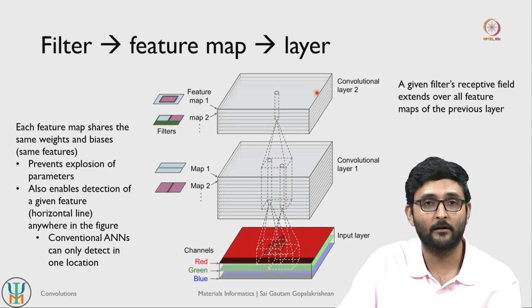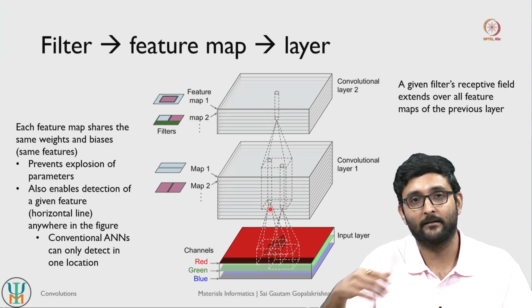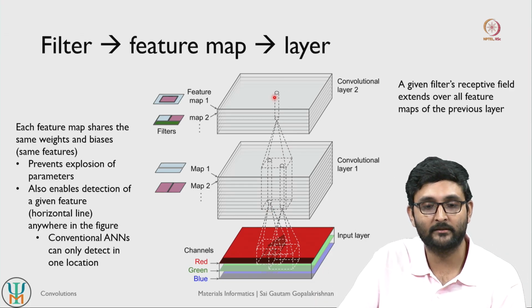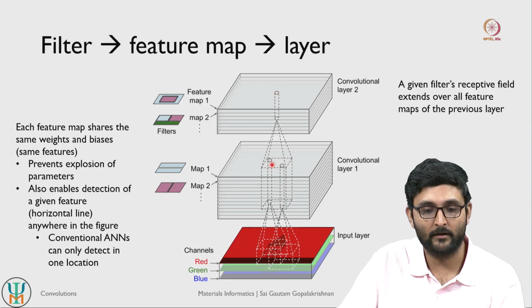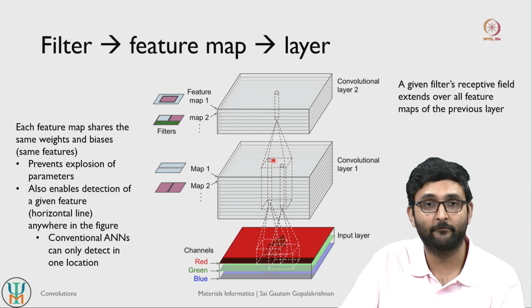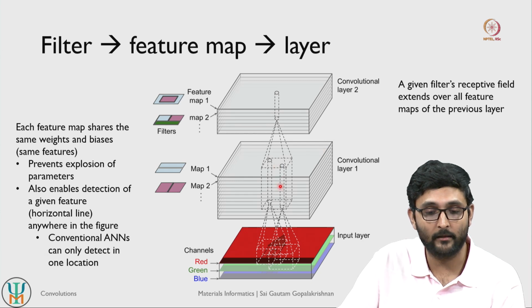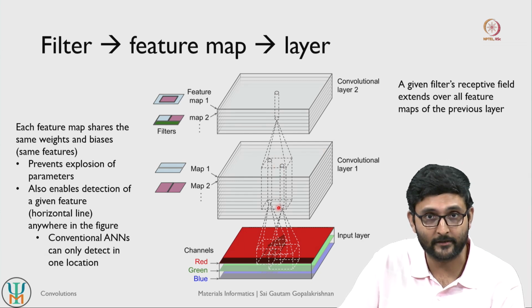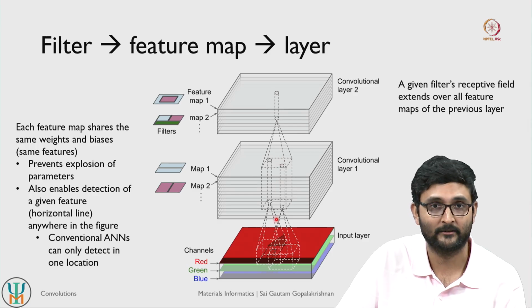And every convolutional layer that is above gets access to all the maps in its previous, lower layer, right. So this neuron, for example, will not just interact with the neurons in the receptive field of the first map here, it will interact with all the neurons within its receptive field across all the maps, right.